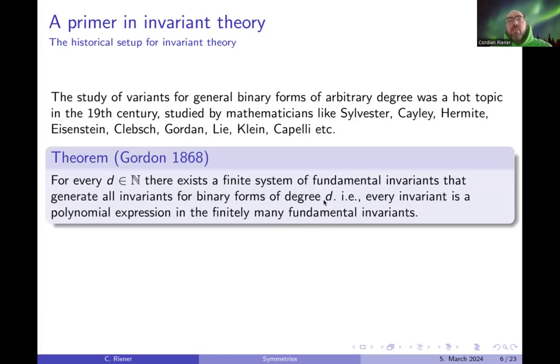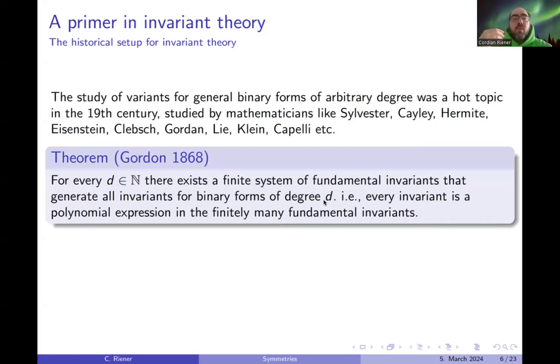And a very important result in this area was by Paul Gordan in 1868. He could actually show that the example that we had with the degree 2 binary forms is in no way unique, in the sense that for every degree there exists a finite system of fundamental invariants.